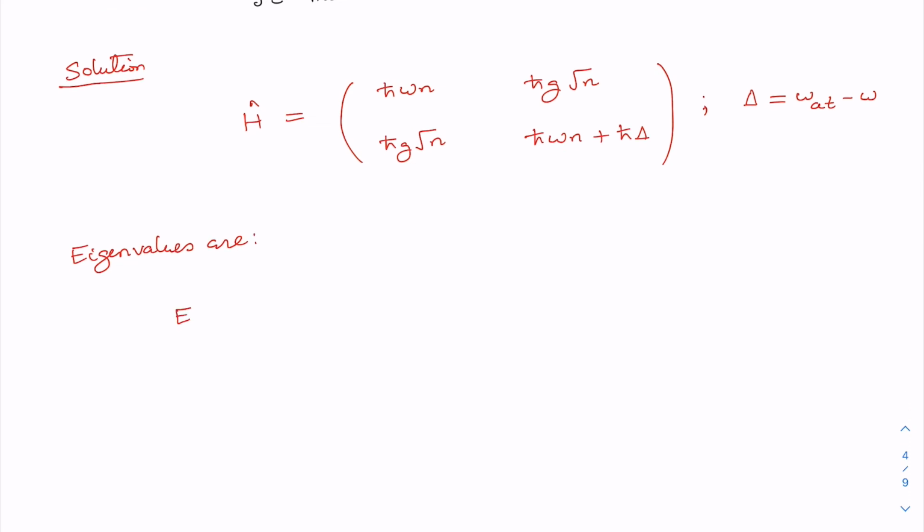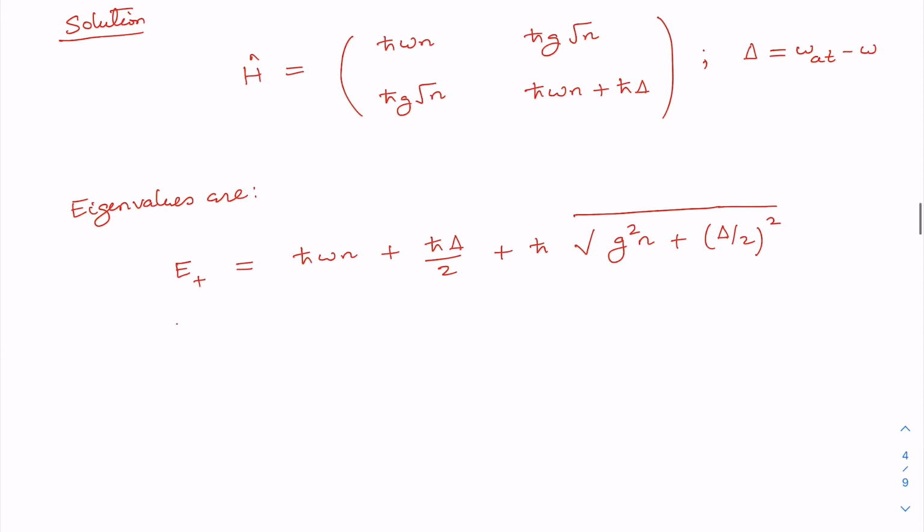We have E plus, that would be h cross omega n plus h cross delta by 2 plus h cross square root of z square n plus delta by 2 whole square, and E minus is equal to h cross omega n plus h cross delta by 2 minus h cross square root of z square n plus delta by 2 whole square.